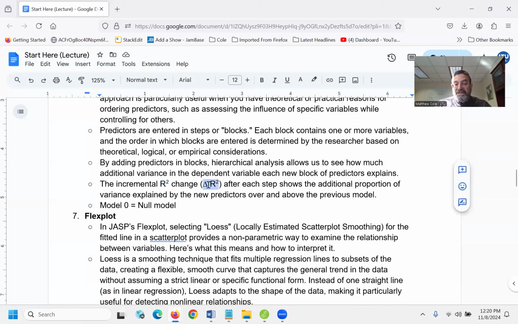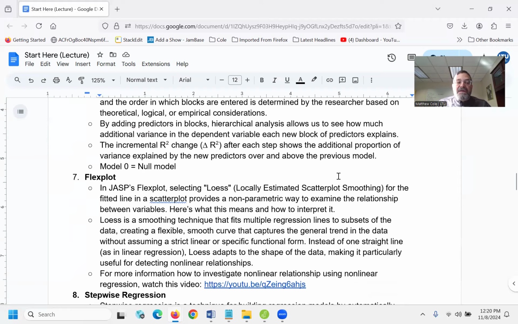Delta R squared is the incremental R squared after each step, which will show us the additional proportion of variance explained by the new predictors over and above the previous model. And we will start with model 0, which is our null model, and we'll practice that.